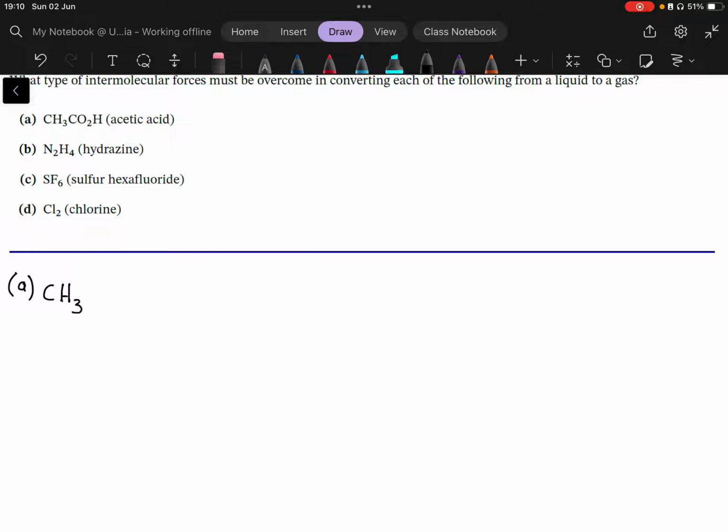So it's a CH3 group, and then we know it's an acid, so it means it's a CO, and then there's an OH group bonded to the O. Whether or not you've had an organic course in your life before, you'll know something about its structure, which is linked between these C's. So there's a CH3 linked to a C. That C is then double bonded to an O, and that C is also bonded to an OH.